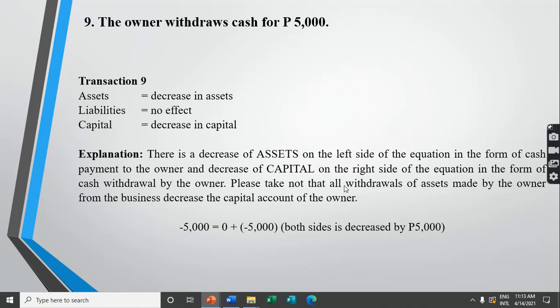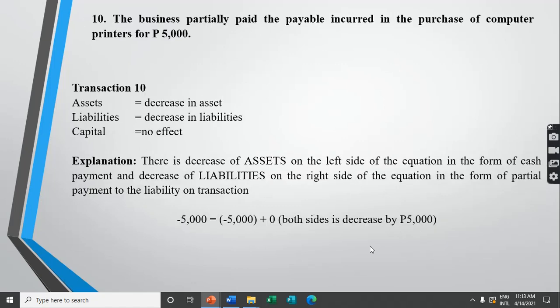So, please take note, ayan, that all withdrawals of assets made by the owner from the business decreases the capital account of the owner. Okay? Number 10, the business partially paid the payable incurred in the purchase of computer printers for 5,000.